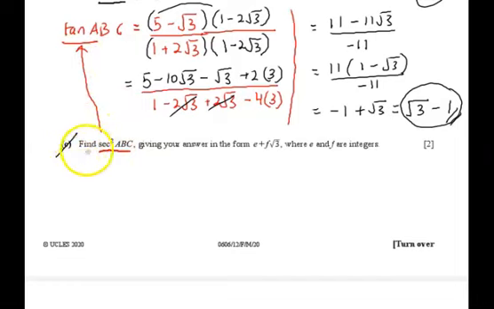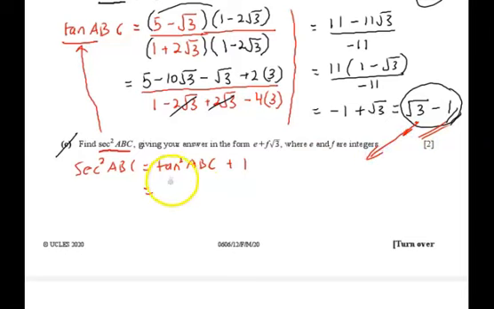Which is sec square ABC equals tangent square ABC plus 1. So here we can use tangent square, and we can utilize the answer that we obtained here.